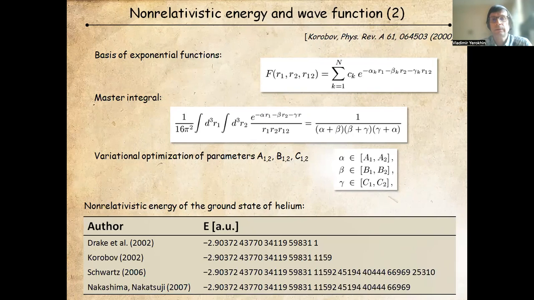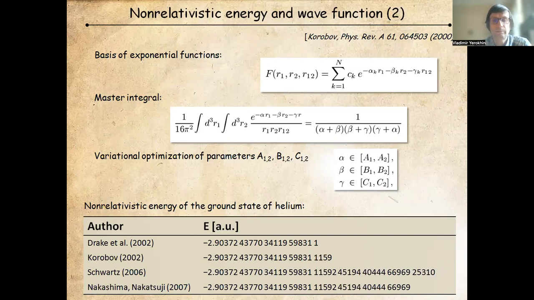And today we can solve the Schrödinger equation with this or also other basis sets essentially to arbitrary accuracy. For example, here you see the table for the ground state energy of helium, and it is now known up to 45 digits.